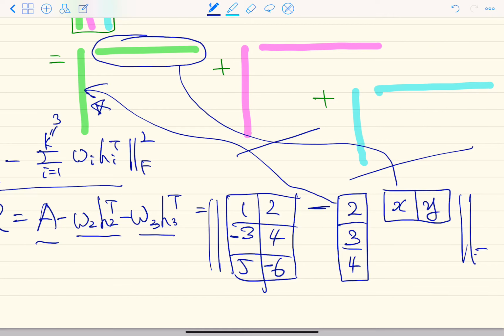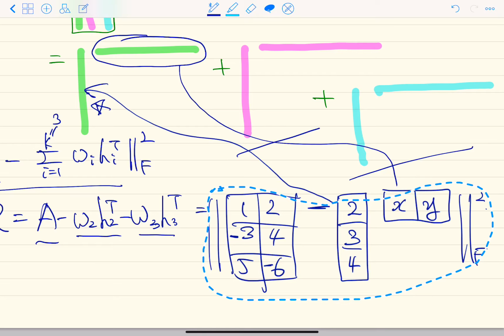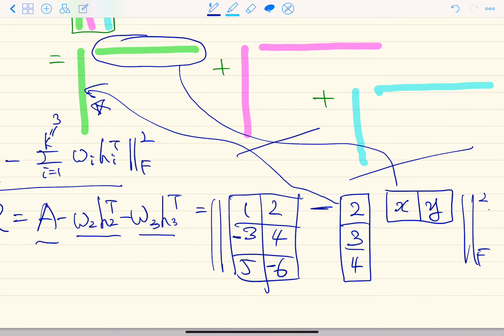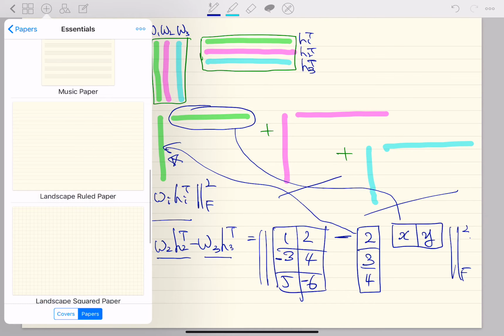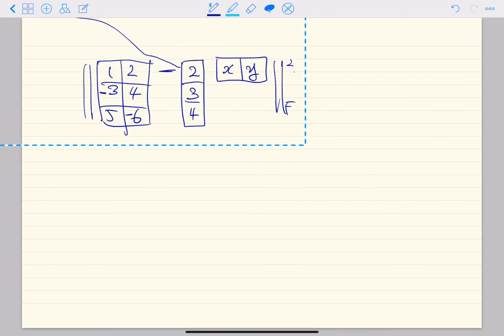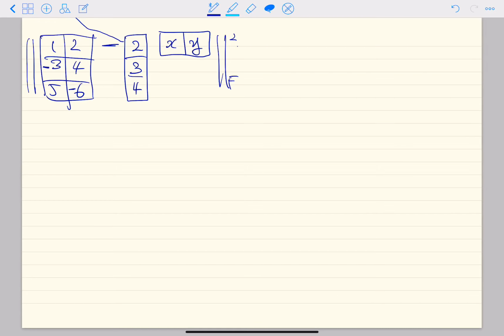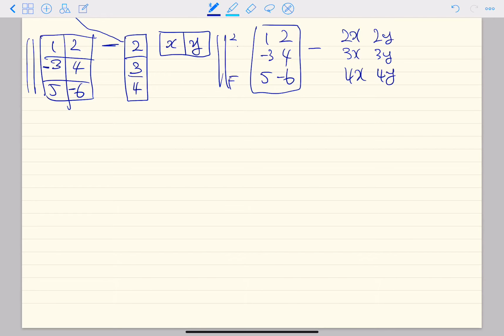Any questions so far? Okay, so let's just rewrite it. Then it is 2x, 3x, 4x, 2y, 3y, 4y, right?